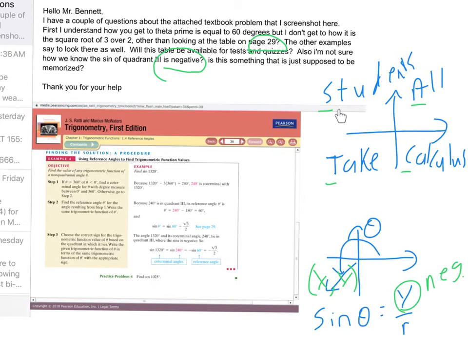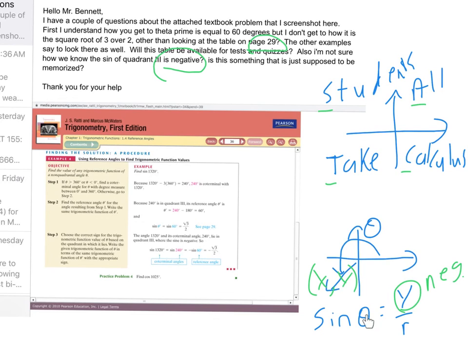In quadrant 2, your sine and its reciprocal, cosecant, are positive. Quadrant 3, the tangent and its reciprocal, cotangent, are positive. Quadrant 4, cosine and its reciprocal, secant, are positive. So if cosine and secant are positive, the other 4 trig functions are negative in this quadrant. So this is a mnemonic device that people commonly use to keep up with the signs of the trig functions.